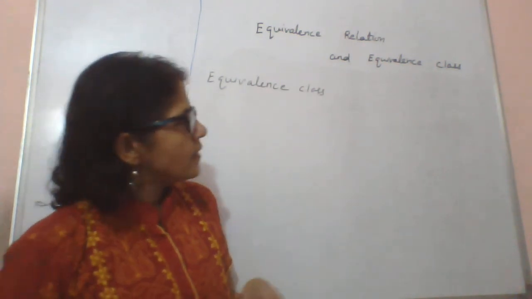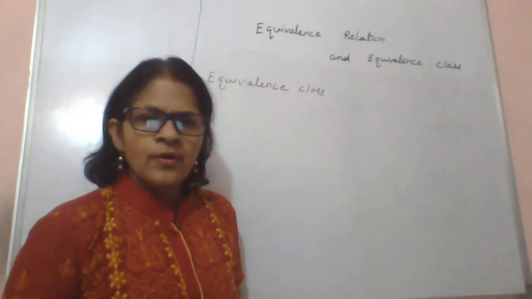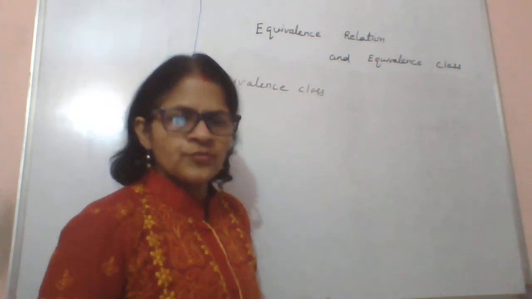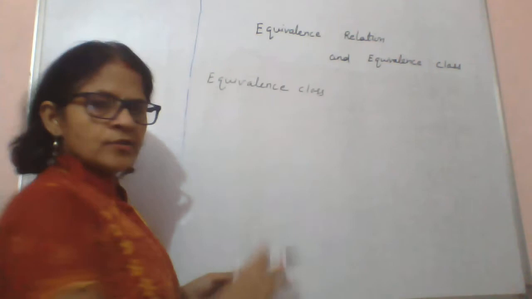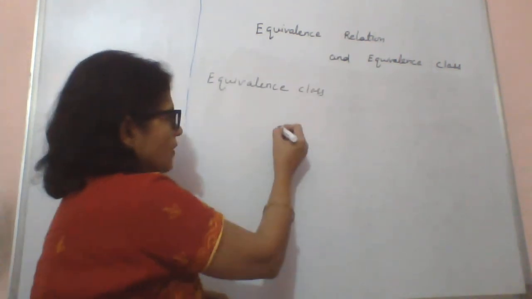So equivalence class, let me take a very simple example and also I'll take one practical example which you can relate to your classroom situation also. So before I come to the formal definition, let me take one example.